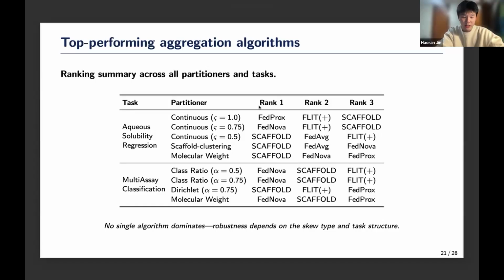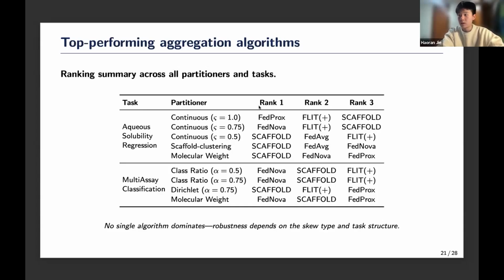We see for regression tasks, scaffold dominates in most feature skew cases, and FedNova and FedProx also performed decently. For the multi-class classification task, FedNova and scaffold alternate as the top performers depending on the class ratio, for example. And this concludes the part comparing how different aggregation algorithms can help mitigate the non-IIDness.